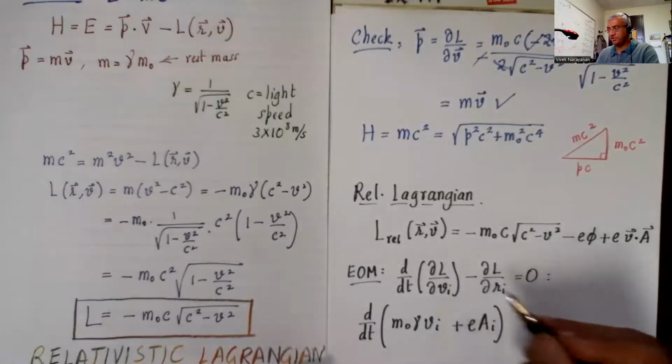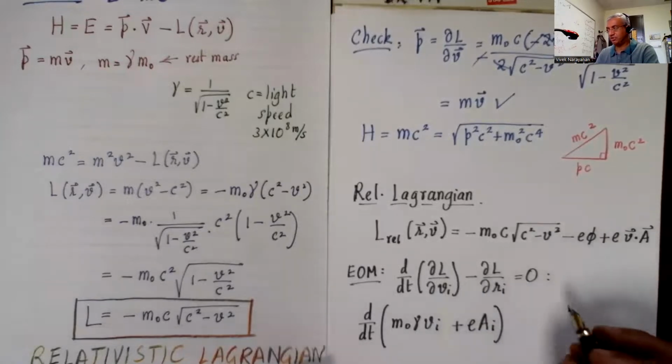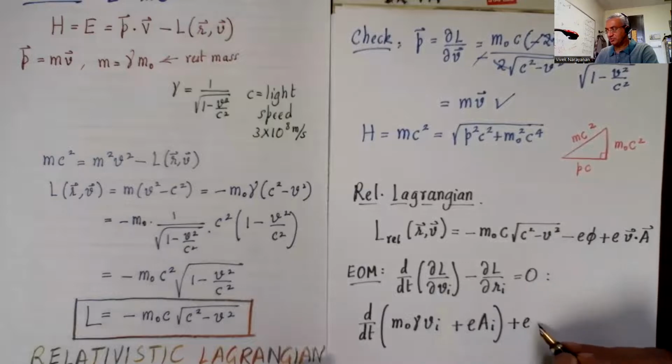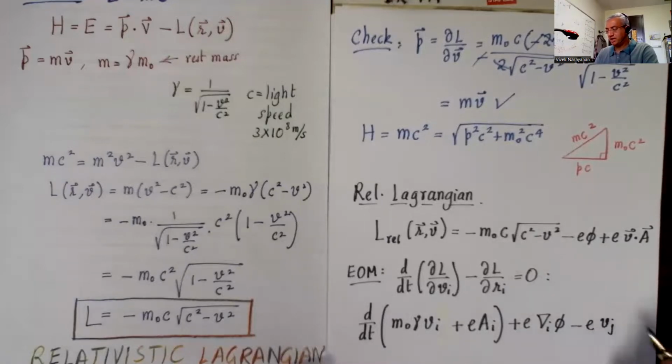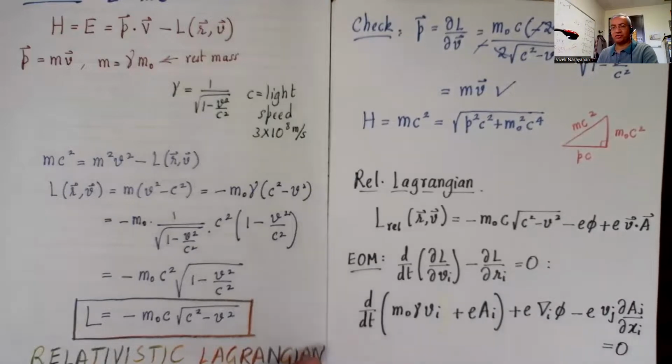Because of the negative sign here, I'll get a negative of a negative, or plus E times the ith component of the gradient of phi. And then that becomes a minus, minus E times v_j times del A_j over del x_i. All that equals 0.